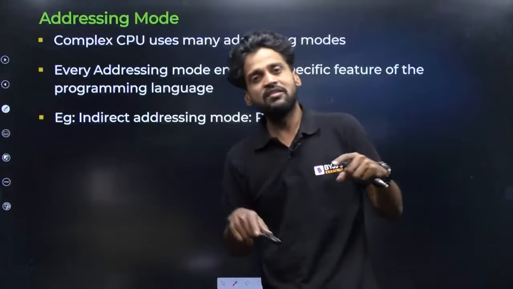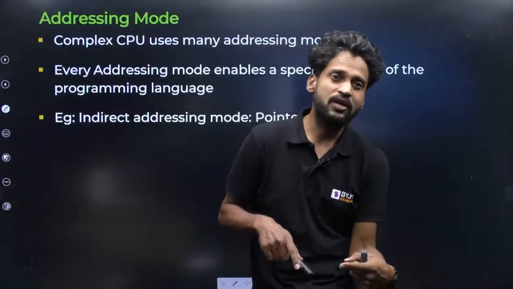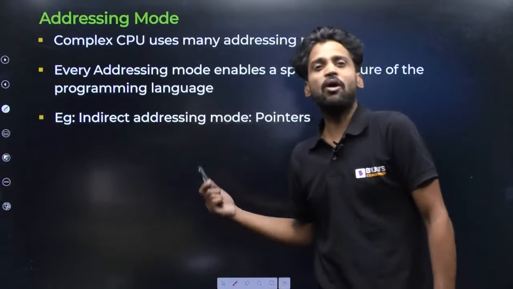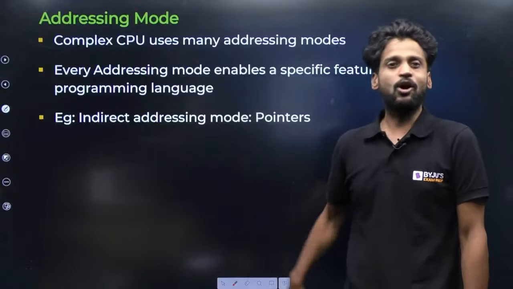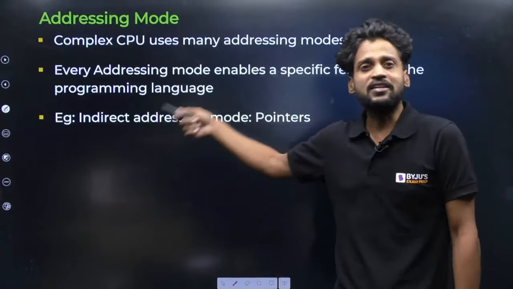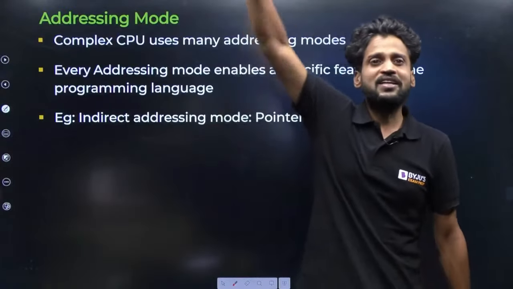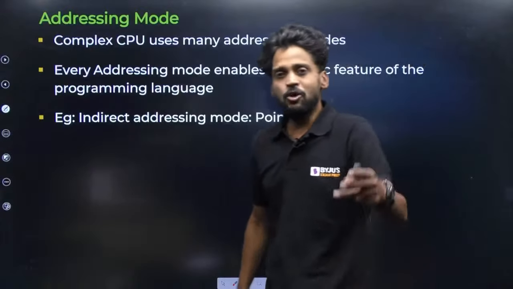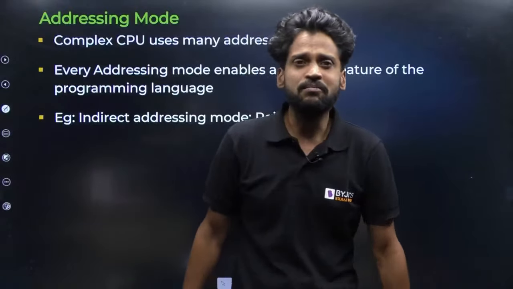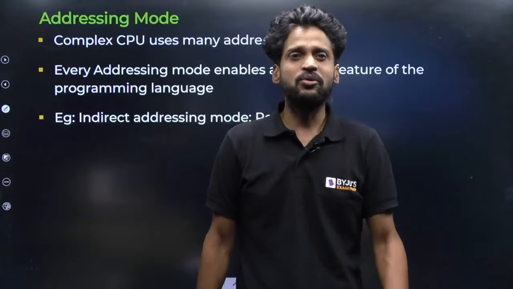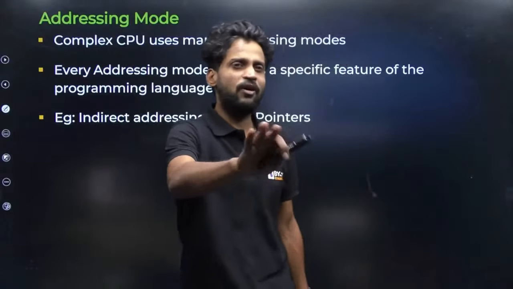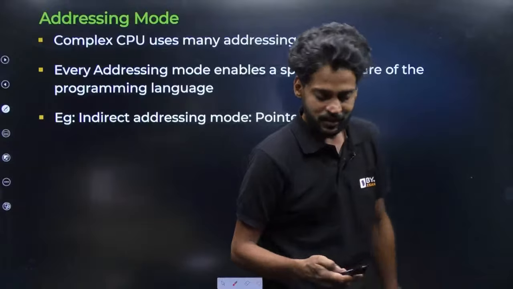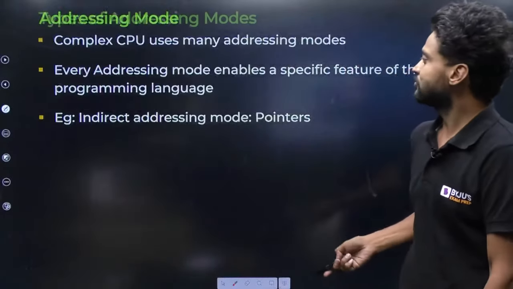The instruction gives you one address in which there is one more address, and in that address we get the actual operand. This is the indirect addressing mode. If there is no indirect addressing mode, there is no pointer at all. Pointers are needed because pointers direct to addresses. I will talk about why and how pointers are needed. Okay, let us hold on.